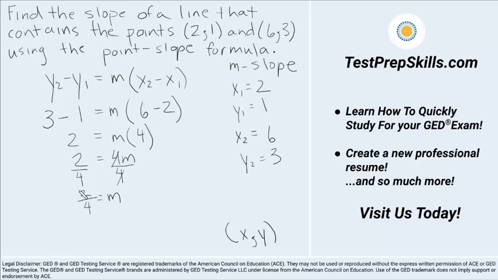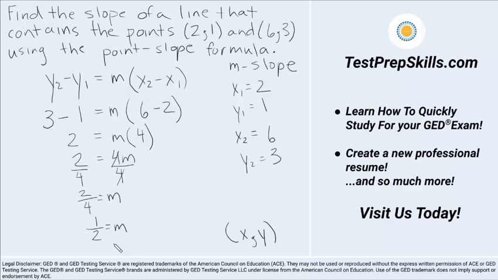So when I look right now, just looking at it, I know I can divide the numerator by 2. That's going to leave 1, and I can divide my denominator also by a 2. And that's going to leave 2. So let's go ahead and do that. 2 divided into 2 is simply 1. 2 divided into 4 is 2. So now we've reduced our fraction. So our slope is equal to 1 over 2.